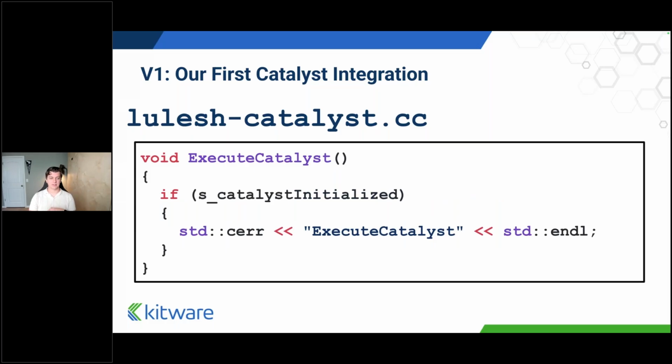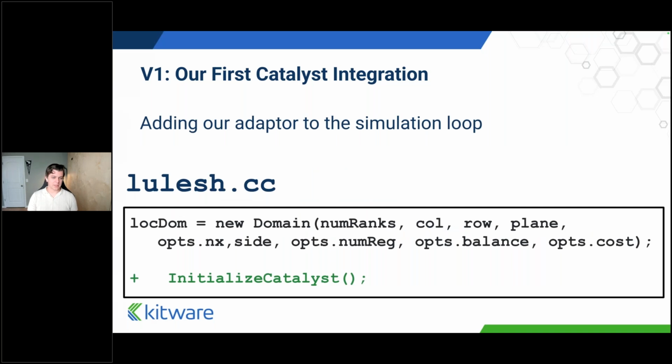Similarly, execute catalyst is going to check if catalyst is initialized, and if it is, it's going to print execute catalyst. We're not getting a sense for the API, we're getting a sense for where we're going to put this code in our simulation. And finally, we have finalize catalyst. This again will check if catalyst was ever initialized, and it will tell us to the screen to finalize catalyst. Wonderful.